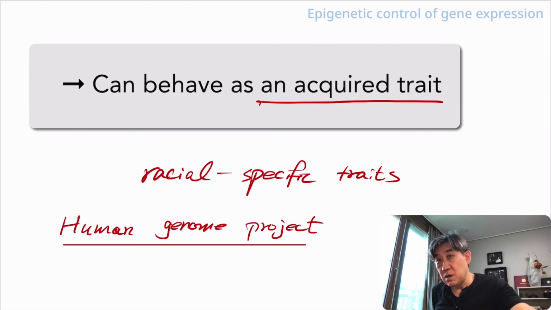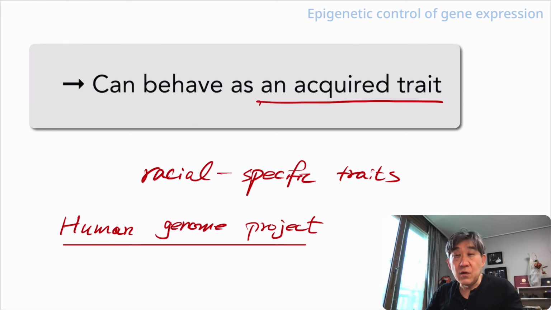So without any particular outstanding sequence variation, all these different human races have maintained race specific traits, like blacks have darker skin and whites have white skin.